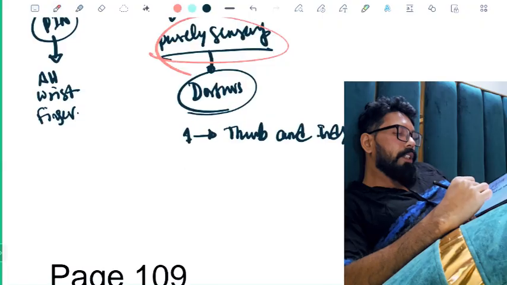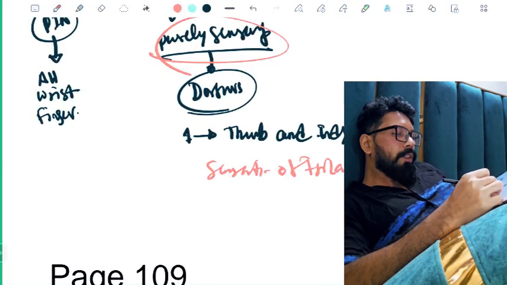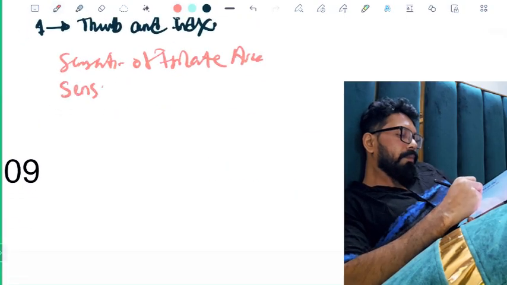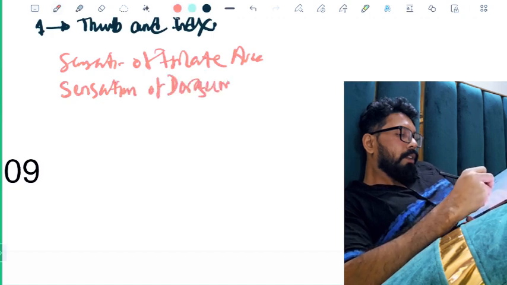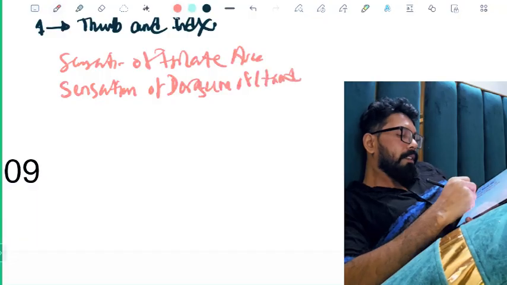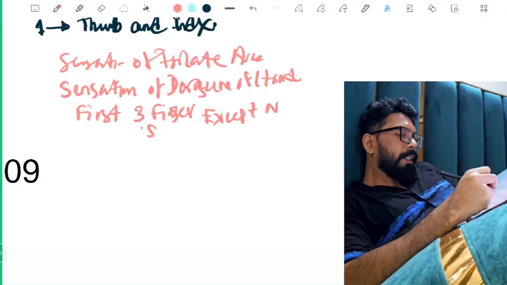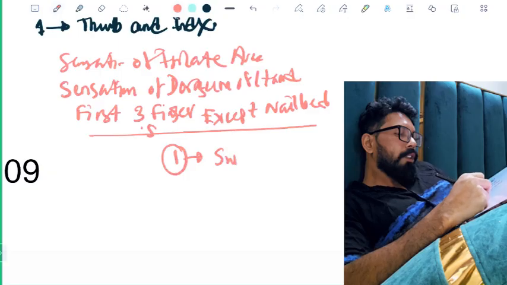We will only lose sensation of the isolated area, and sensation of the dorsum of the hand and the first three and a half fingers, except the nail bed. So this is the first scenario, where only the superficial radial nerve is injured.